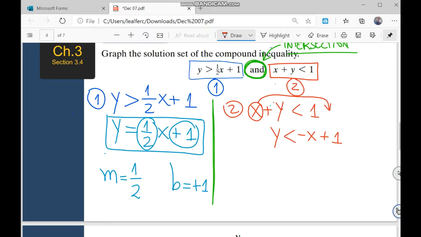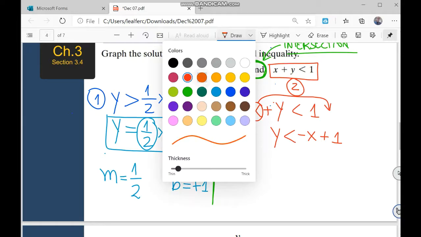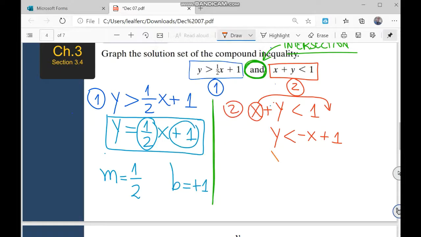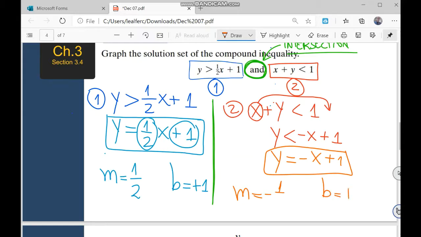The next step is to draw the related equation. The related equation is y equals negative x plus 1. This is the related equation that I have to graph. m is negative 1 and b equals positive 1.